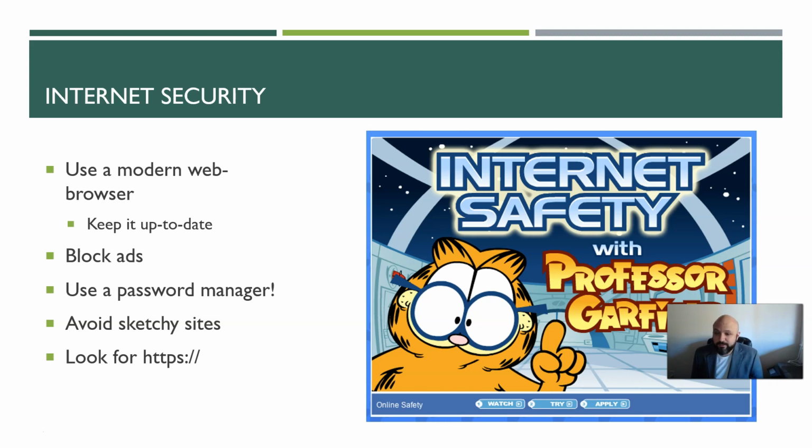Also, I recommend using a password manager. Password managers are great. They are built into modern internet browsers now. You can log into Google Chrome and it will remember all of your passwords. Firefox will remember all of your passwords if you want it to. There are also some third-party password companies. My favorite is Dashlane. My wife and I subscribe to Dashlane, and we use one account, so we have each other's passwords.